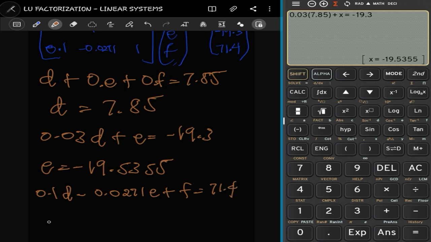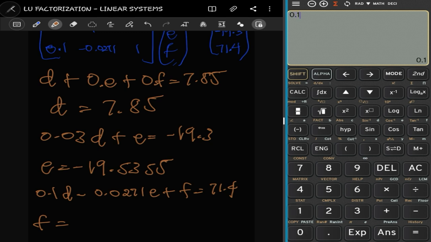The aim is to find F, which we don't know, and we have the values for E and D. So 0.1 times D, that's 7.85, minus 0.0271 times E, which is minus 19.5355, very important, minus, plus the F which we're trying to find, all equal to 71.4.